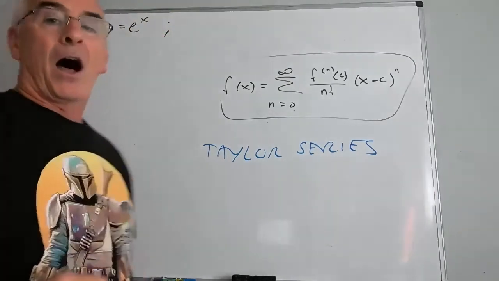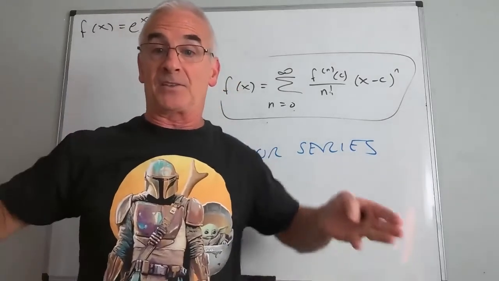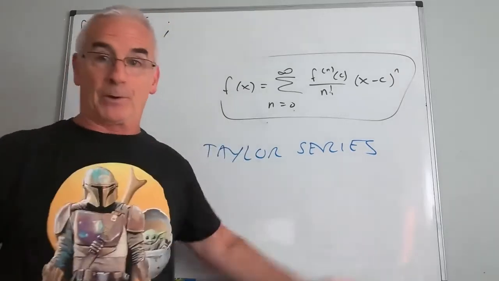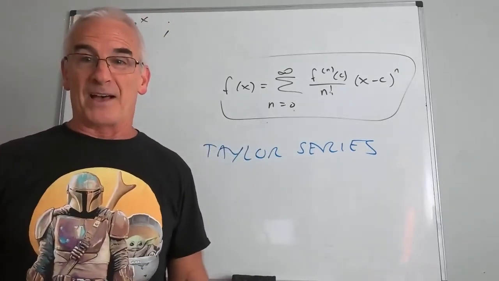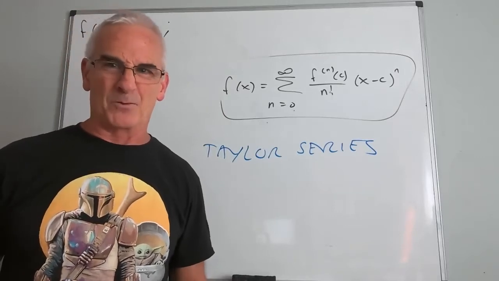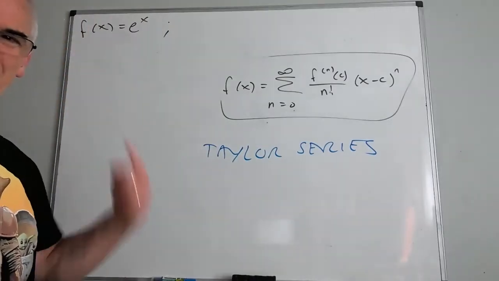Now, I can evaluate it at any real number because e to the x is infinitely differentiable and infinitely analytic. It's analytic everywhere. But I don't really want to evaluate all my derivatives at 5 or -7. Where do I want to evaluate all my derivatives, do you suppose, for that function?